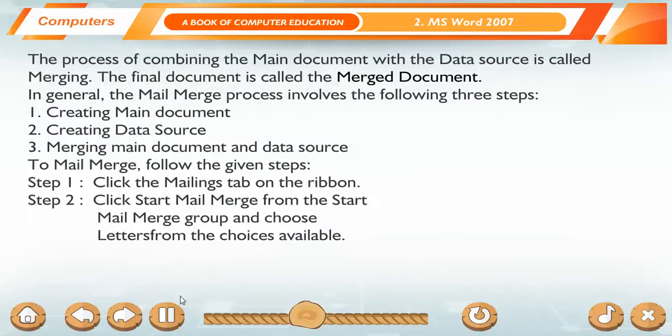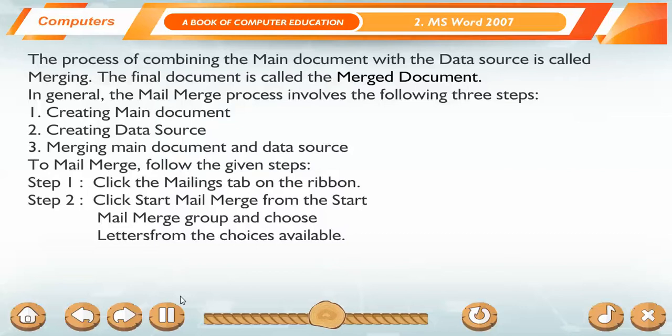The process of combining the main document with the data source is called merging. The final document is called the merged document. In general, the mail merge process involves the following 3 steps. Creating main document, creating data source, merging main document and data source.